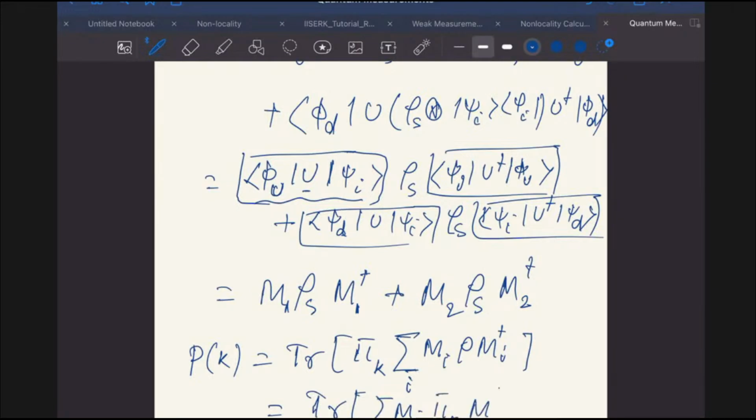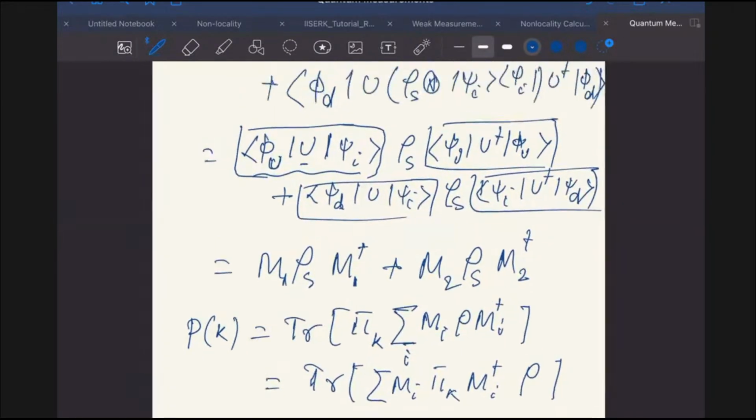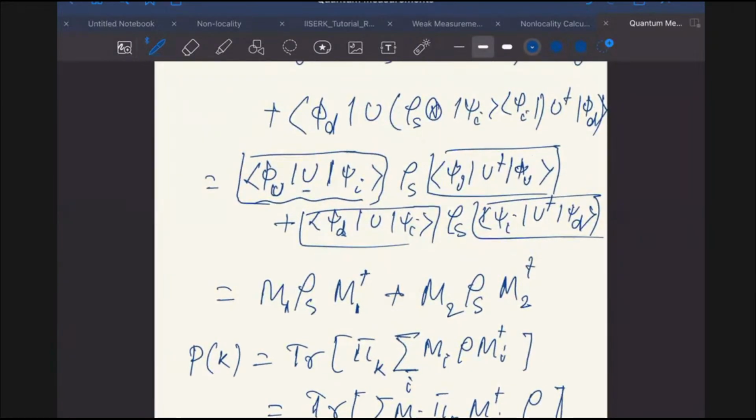Again we have arrived at the same type of probability form that we have encountered before. If I associate some operator with this, then it has the same function.